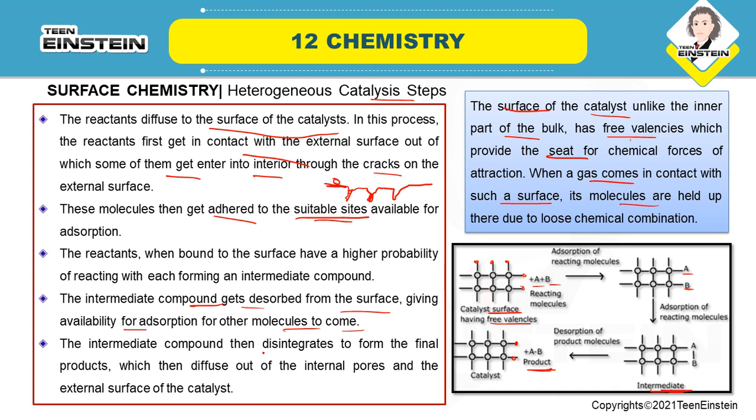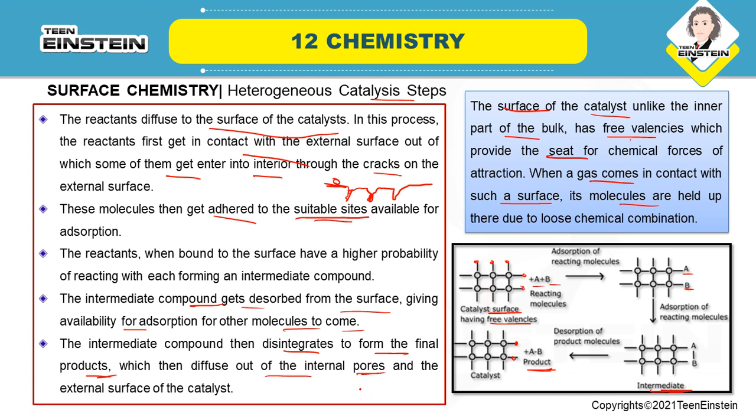The intermediate compound disintegrates to form the final product, which then diffuses out of the internal pores. So it will diffuse out to the outside phase. Suppose it may be gaseous phase or it may be liquid phase.